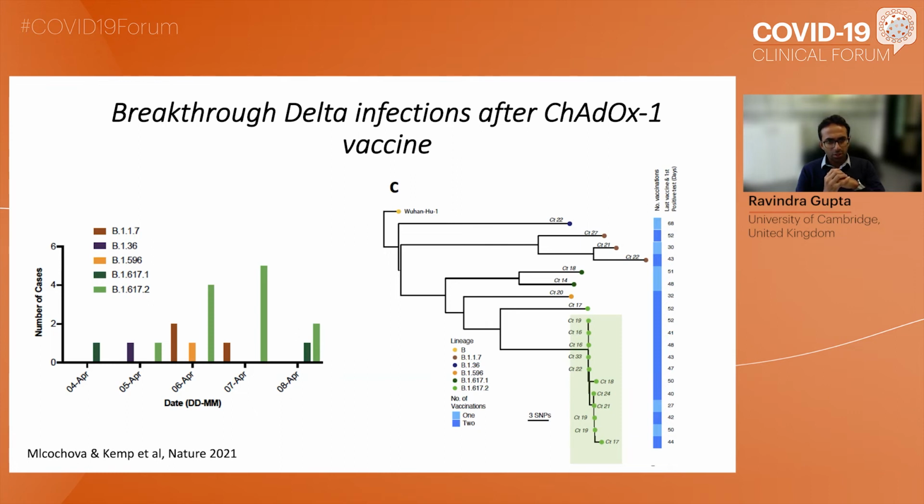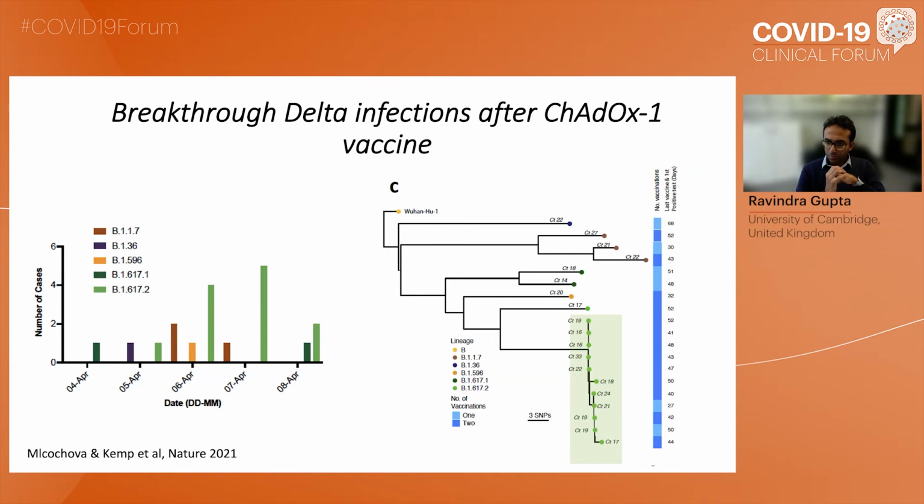You can see this epidemic sort of curve on the left-hand side with a mix of lineages. But if you look now on the phylogenetic tree on the right, you can see that in those that are double vaccinated, in other words, dark blue, you can see the number of days elapsed since the second vaccine. It's around 40 or 50 days, which is a good time to achieve peak neutralizing antibodies.